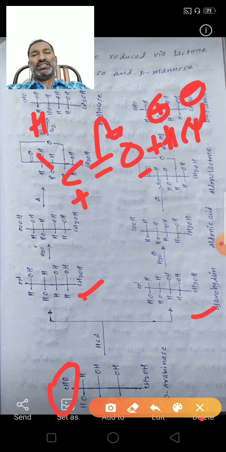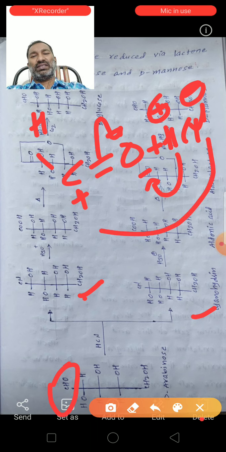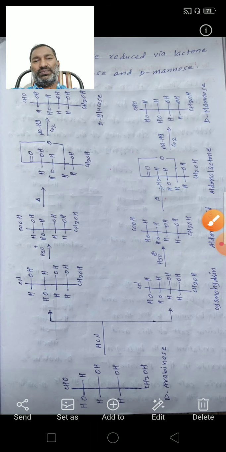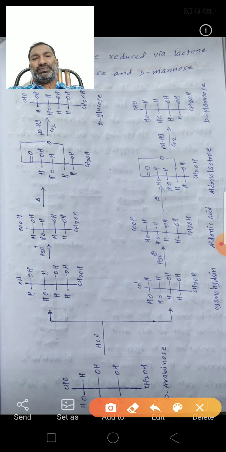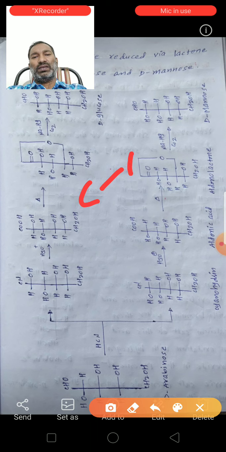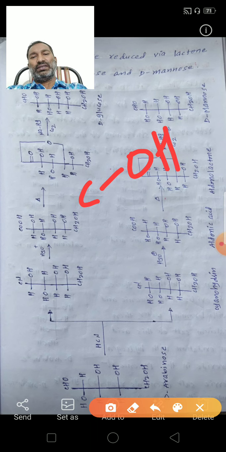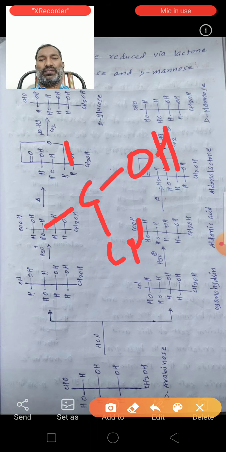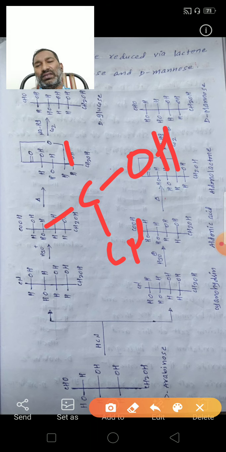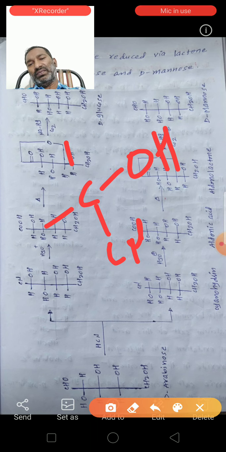So H plus reacts with the oxygen and CN minus reacts with the carbon to form the OH and CN carbon. So this is the cyanohydrin.